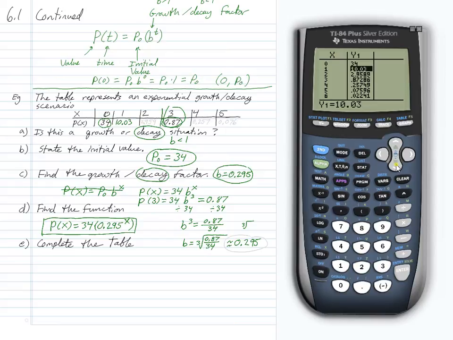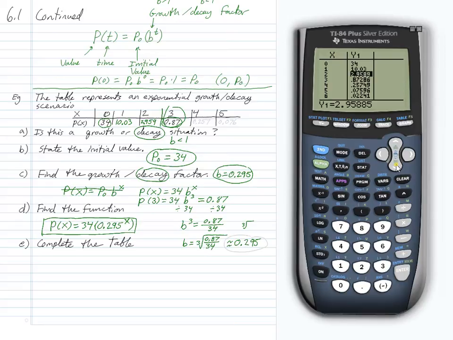Now, if we want 3 decimal places of accuracy, we might want to scroll over and see if that's as accurate as it gets, and 10.03 seems to be it. Then for x equals 2, we would get 2.959. And for x equals 3, we get 0.87.